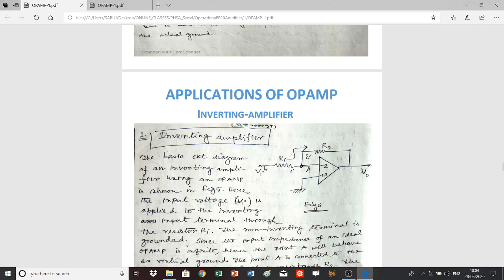In this case, the input voltage Vi is applied to the inverting input terminal through a resistance R1, which is called the input resistance, and R2 is the feedback resistance, through which a part of the output voltage is fed back to the input.